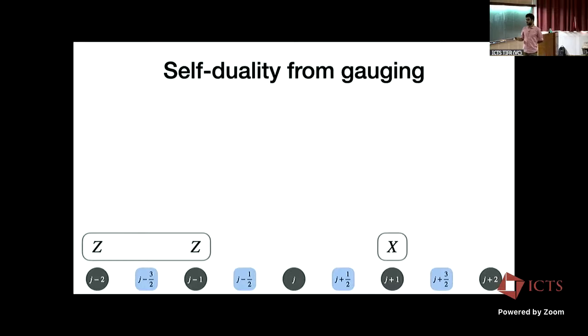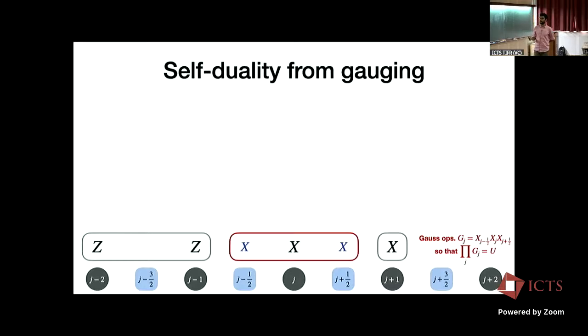And when you do that, you want to define a Gauss operator, which essentially localizes the action of the symmetry. So the symmetry operator is a product of X. You localize that to one site, and then you demand that you modify this to introduce a Z2 action on the links as well. And then you need to modify your Hamiltonian such that all of the Gauss operators commute with all of the Hamiltonian terms. That is a complicated way of saying minimal coupling.